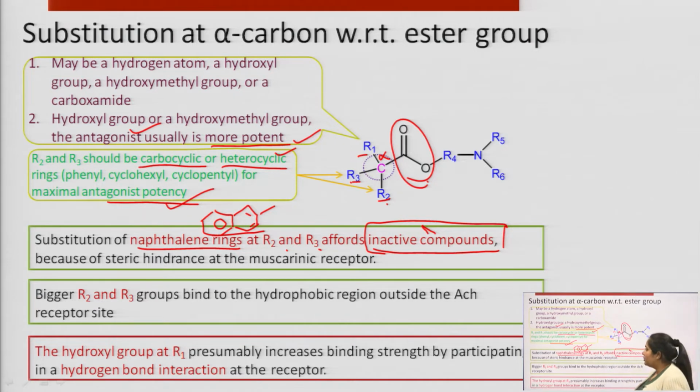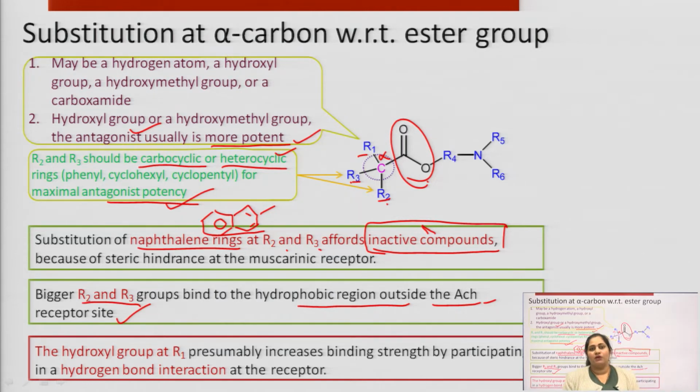If we conclude, bigger R2 or R3 groups will bind to the hydrophobic region outside the acetylcholine receptor, and hence the main receptor will have least binding and will produce no effect corresponding to acetylcholine. So, we have cleared this thing: R1 is definitely a hydrogen atom or hydroxyl group or hydroxymethyl group, but the hydroxy and hydroxymethyl will produce antagonistic activity.